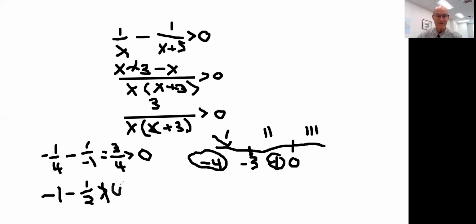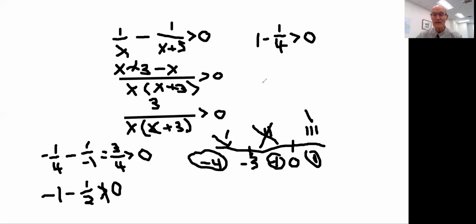That's not greater than 0, so this region here is not a good region. And I can pick a point here to the right. Let's say we pick 1, that would be easy. So 1 over 1 is 1, minus 1 over 4, which is 3/4. That is greater than 0. So that's a good region, and I put a check mark there.